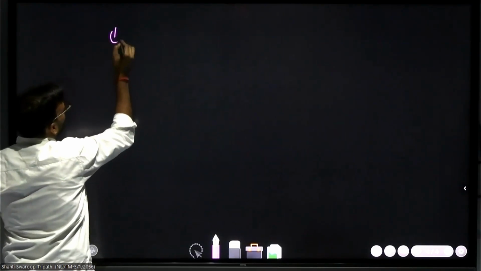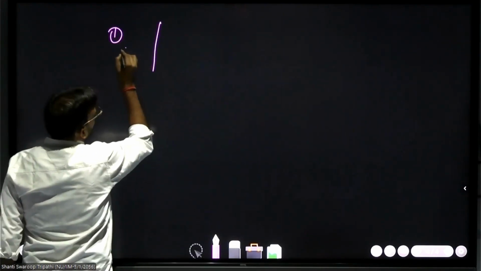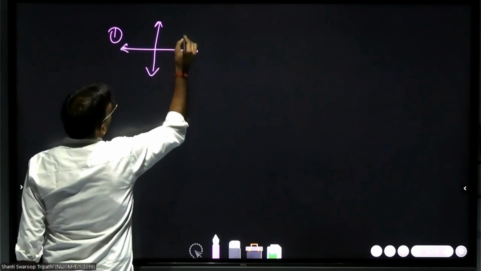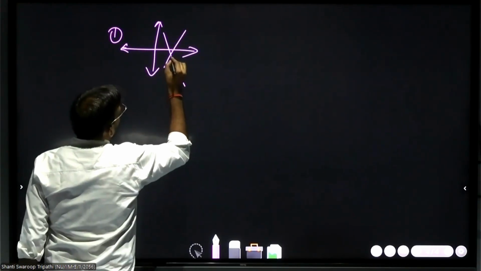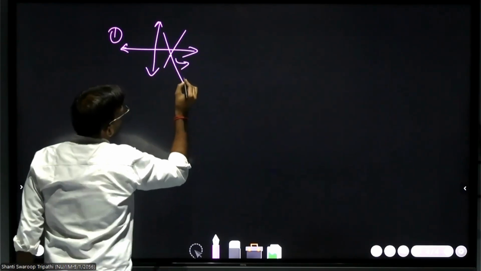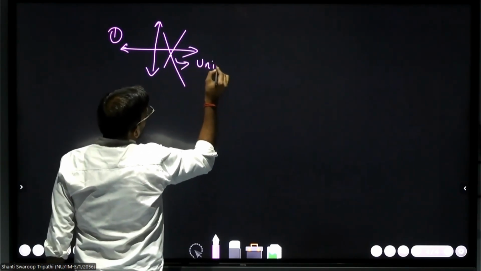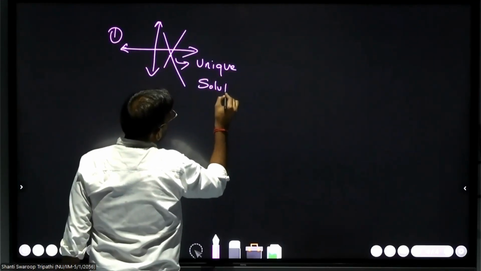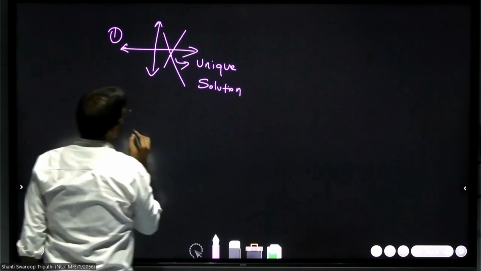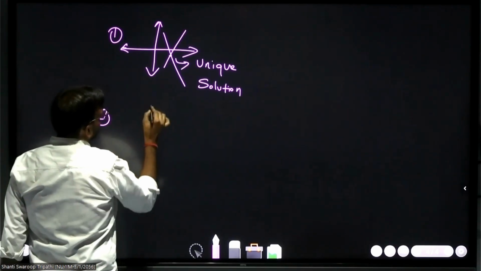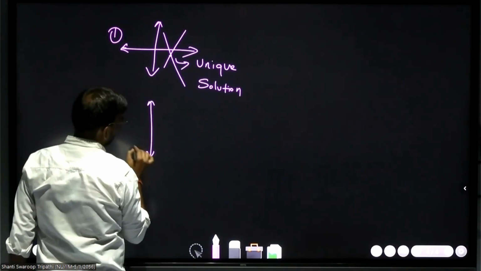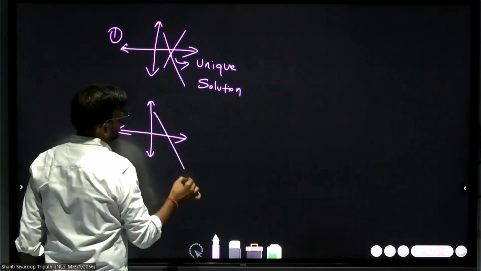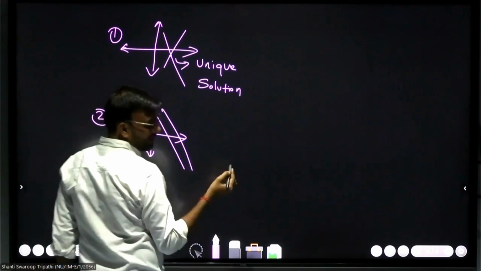First condition: in a graph, if we get two lines that intersect each other, then we have a unique solution. If the two lines are parallel to each other, we do not have any solution.